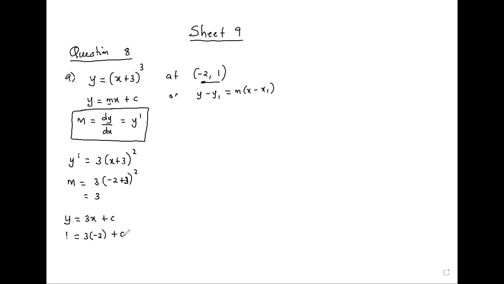Then we can find the unknown c. So c is equal to 1 plus 6, which is equal to 7. So y is equal to 3x plus 7. This is the tangent line equation.